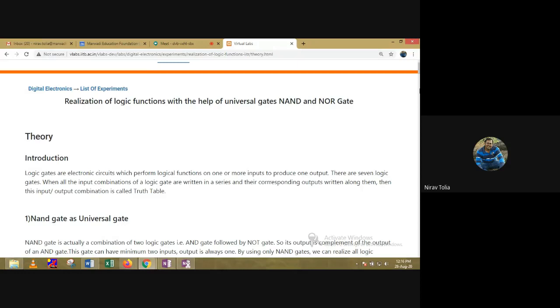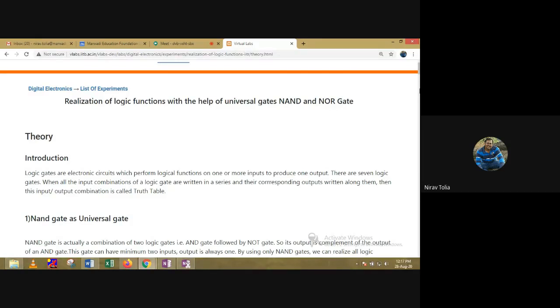You can simply see, NOT gate has one input and one output, and all other gates have a minimum of two inputs: AND gate, NAND gate, OR gate, NOR gate, exclusive OR and exclusive NOR gates.